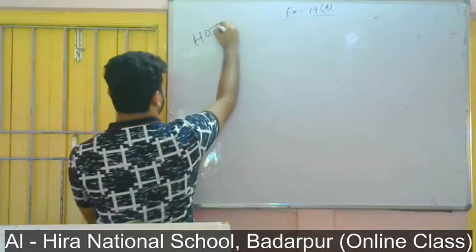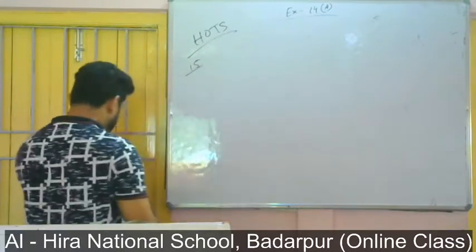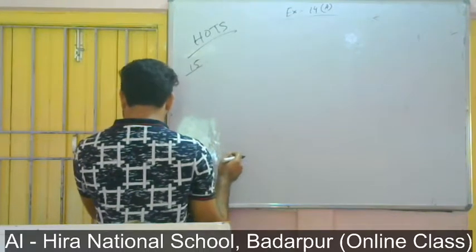High order thinking skills. Question number 15. A rectangular plot is to be fenced on three sides.